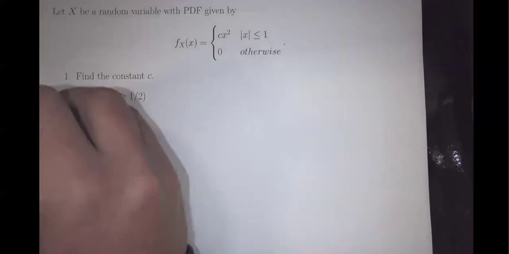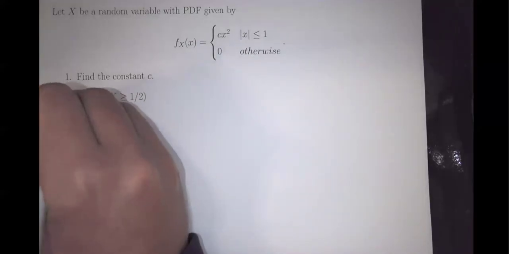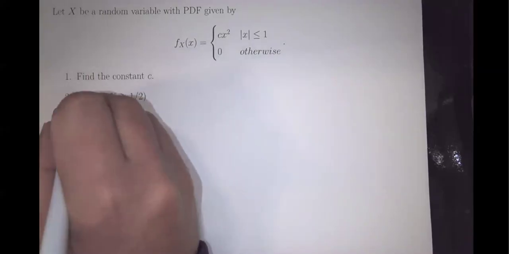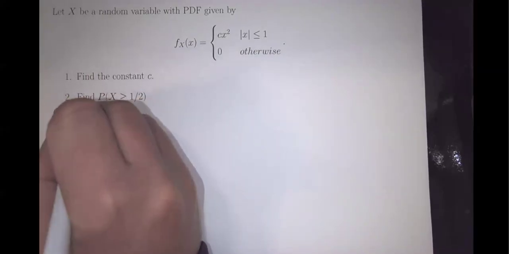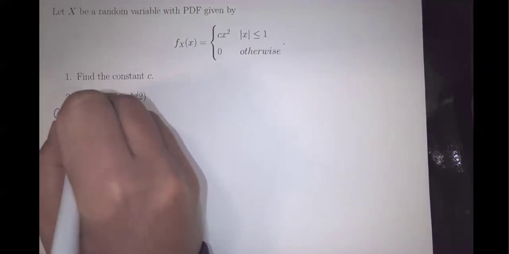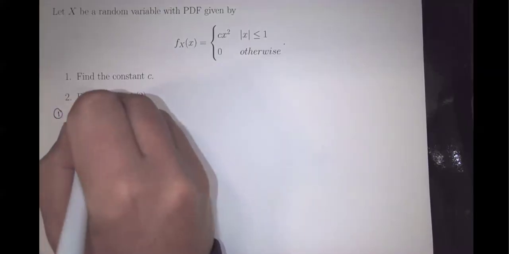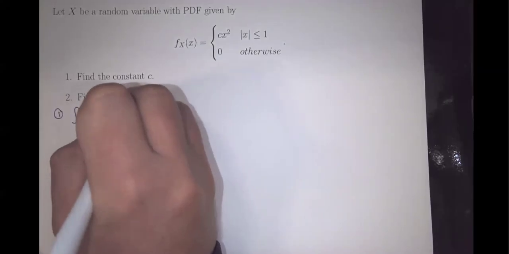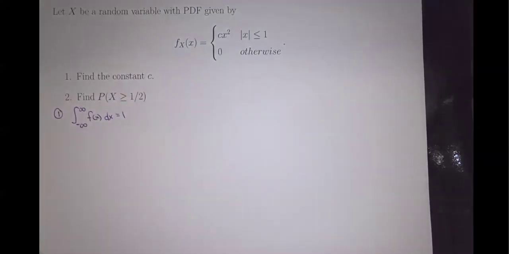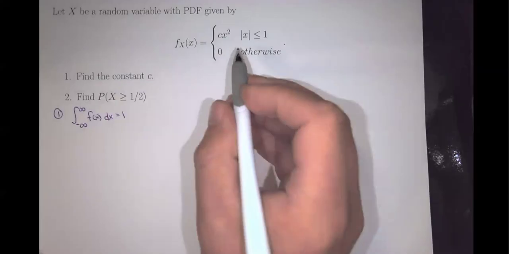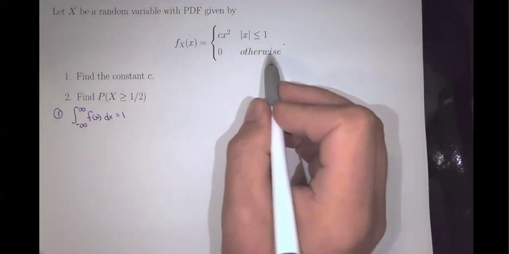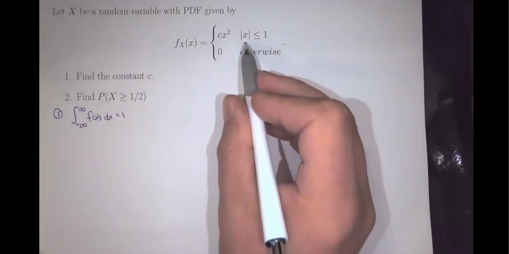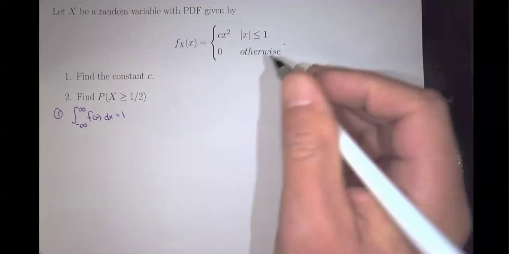All right, well, let's start with our constant c. We know that the integral from negative infinity to infinity of f of x needs to equal 1. Well, this function is 0 anytime x is outside of -1, +1.